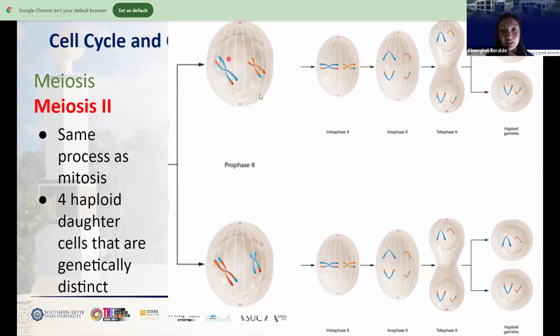In the first place, di ba, nagka-mix and match naman tong father and mother genes. And eventually forming 4 genetically distinct cells at the end of one meiosis period. So yes, that's it. And haploid.